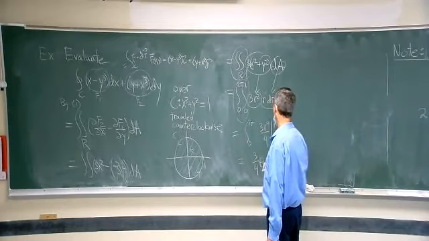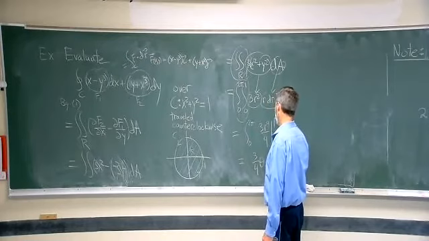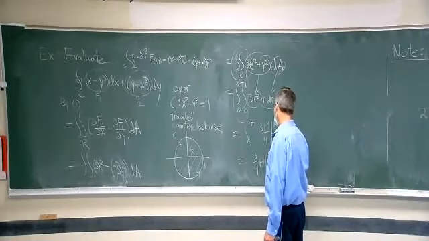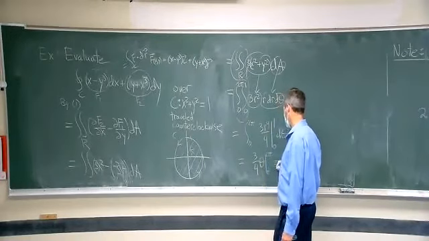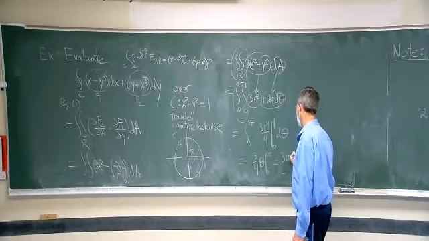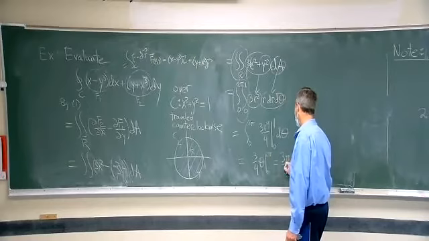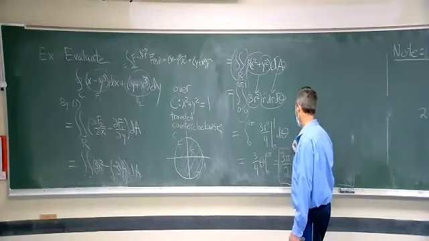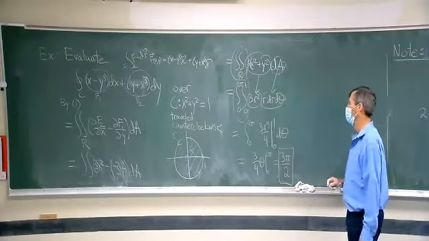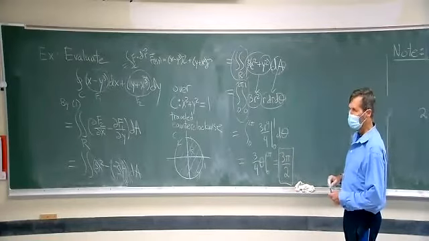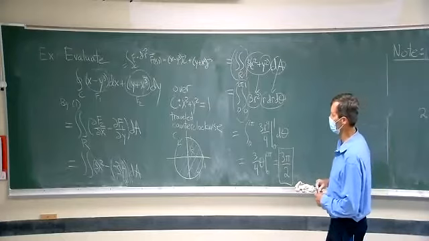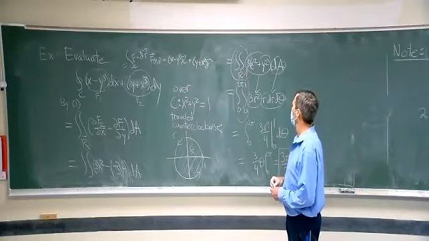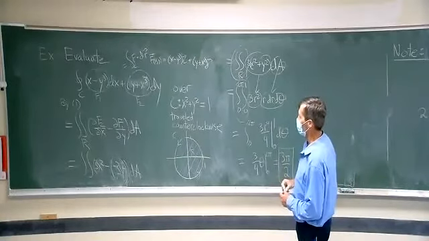You get 3/4 theta from 0 to 2 pi, which gives you 6 pi over 4 or 3 pi over 2. So there's the evaluation of a line integral using Green's theorem.